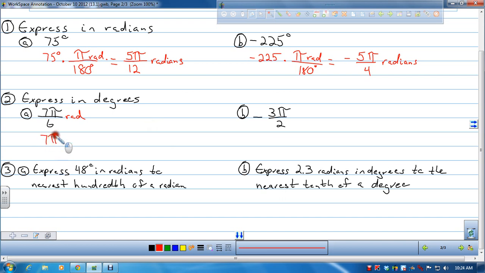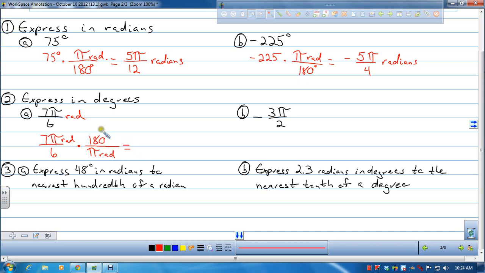So, when I write out this calculation, 7 pi over 6 radians. The radians, remember, your label is in the numerator up there. When I multiply that by the conversion, I'm going to want pi now to be on the bottom because my radians will then simplify. So I have 180 degrees on top.